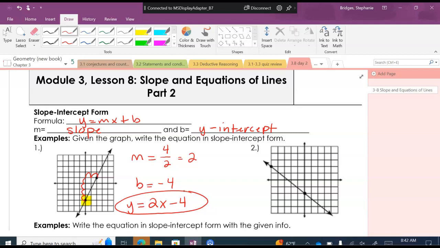Make sure you decide whether that slope is supposed to be positive or negative. It's based off whether that line is going upstairs or downstairs. If it's upstairs, it's positive. If it's downstairs, it's negative.